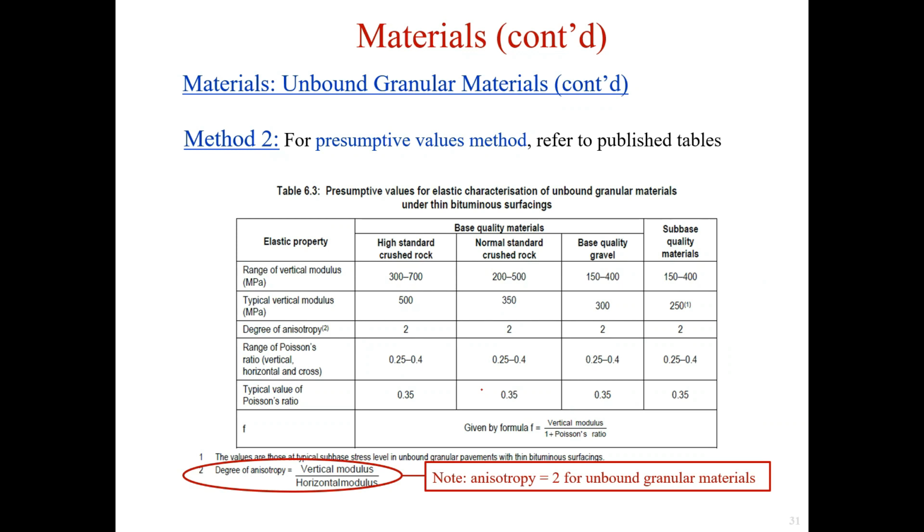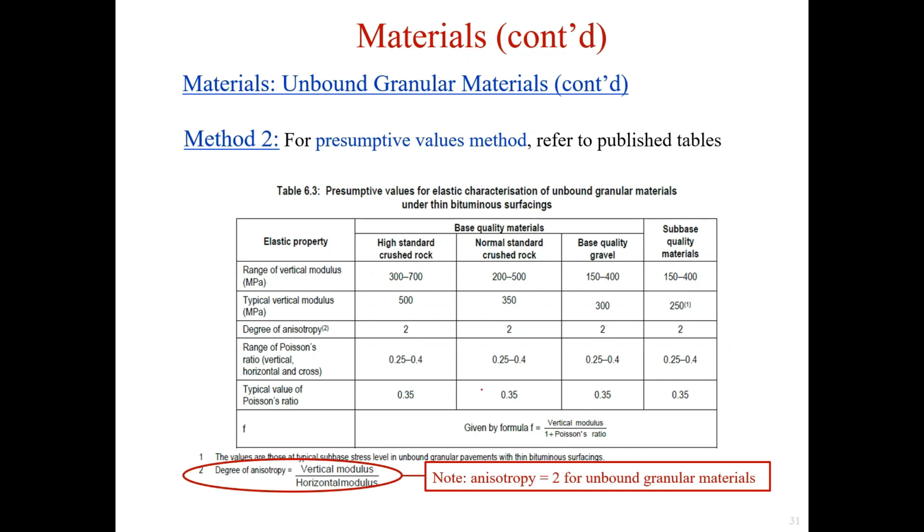This table includes values for base quality materials, high standard crushed rock, normal standard crushed rock, base quality gravel, and sub-base quality materials. Normal standard crushed rocks are those commonly used by road authorities.